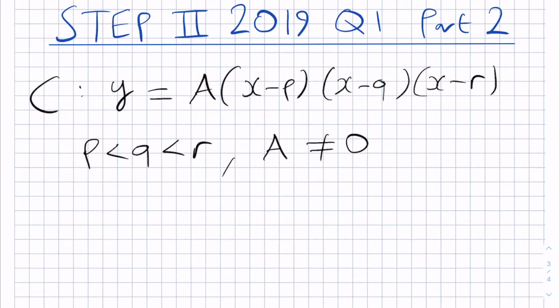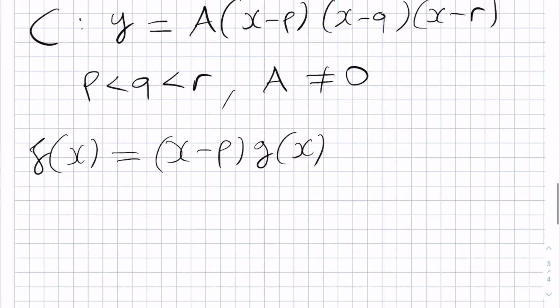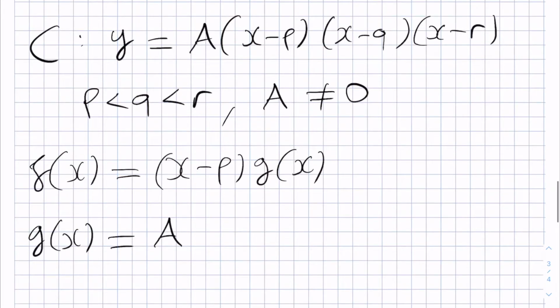Now, in the previous part of the question, we looked more generally at curves of the form y equals f of x, where f of x is (x minus p) times some polynomial g of x. And we notice that the curve we have above is of that form, with g of x being the constant A, and then we have the (x minus q) and the (x minus r).